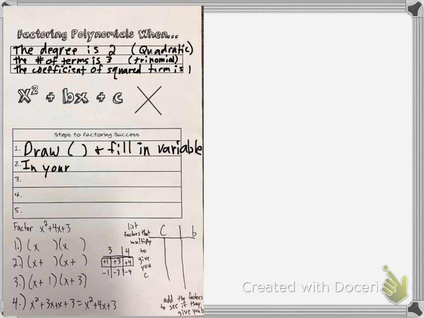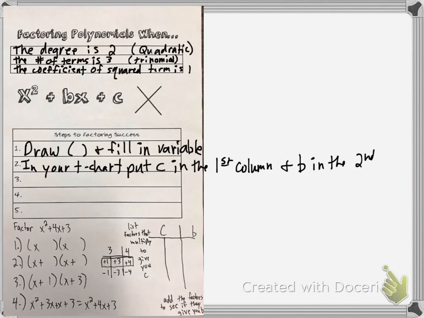In your t-chart, put c in the first column and b in the second column.